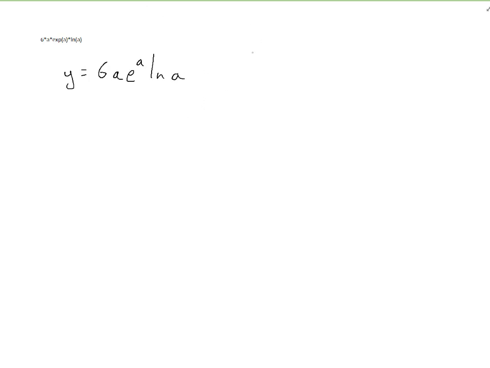Now, I'm not going to do this all in color coding, but can you see what's going on here and how we're going to approach this? Because here we have this, which I can differentiate, times this, times this. So there are 3 things in the product rule.